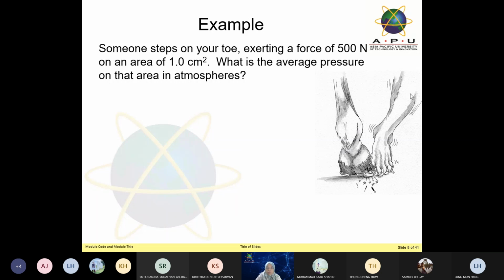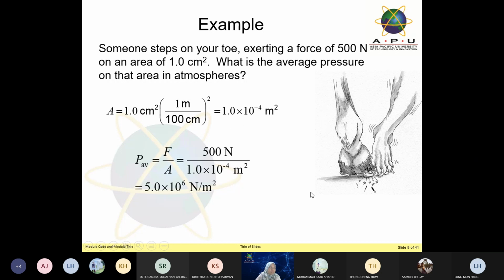Okay. Now, for example here, for the area 1 times 10 negative 4. And then for the pressure is force divided by A. Force given in Newton already. If not given in Newton, how to do?